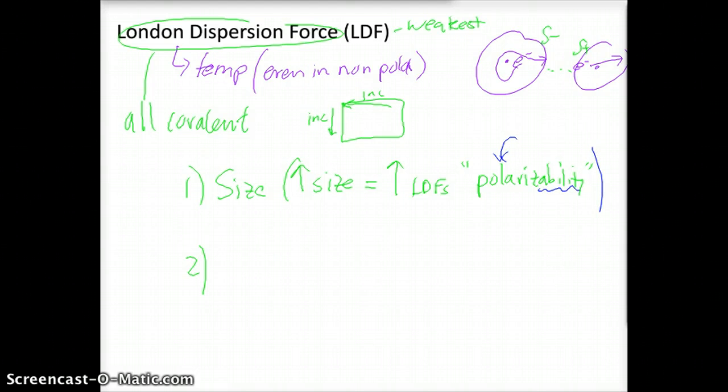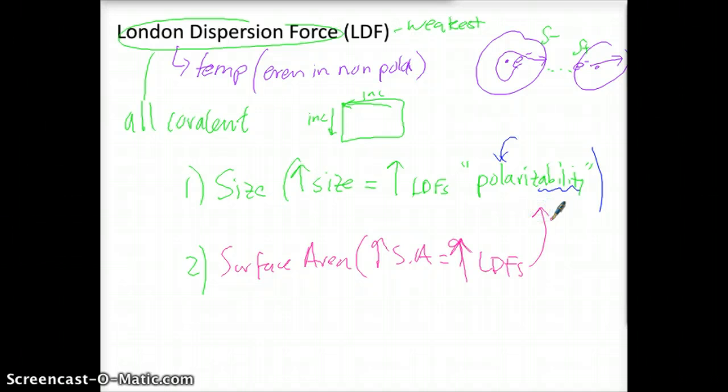The other one we need to know is surface area. And it's the same logic. If you increase surface area, you're going to increase LDFs because you're increasing polarizability. So an example, let's say you had a molecule like this with these carbons in a long line, 5 carbons in a line with hydrogens branching off.